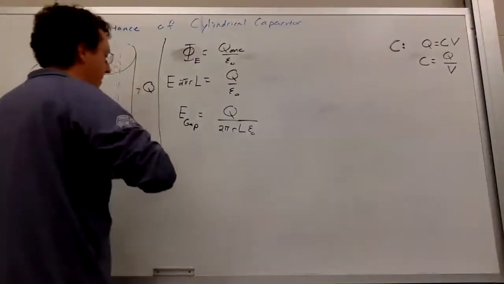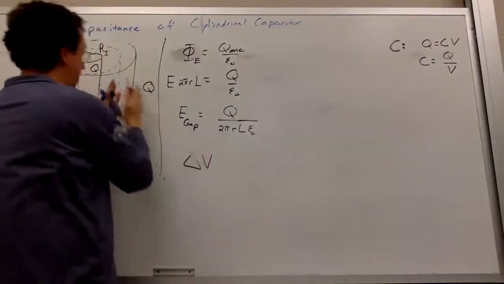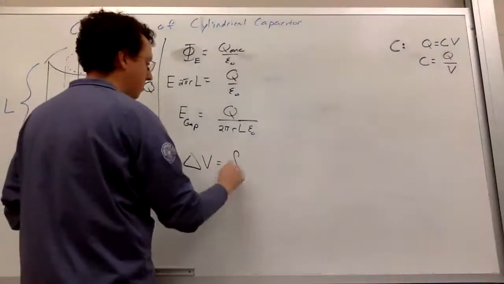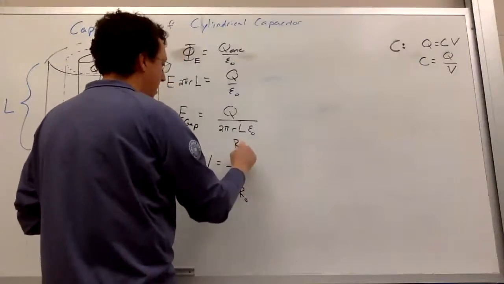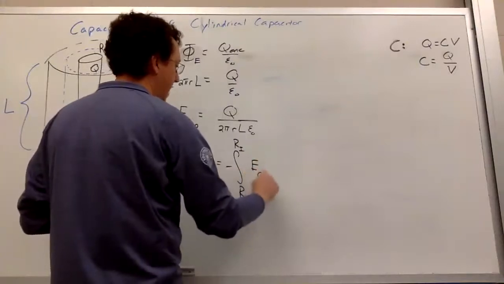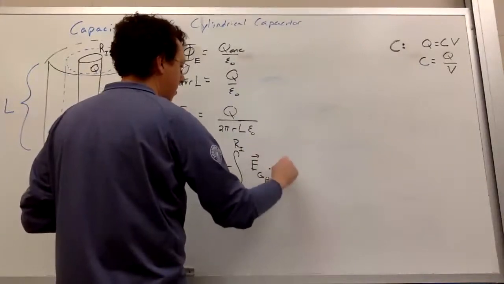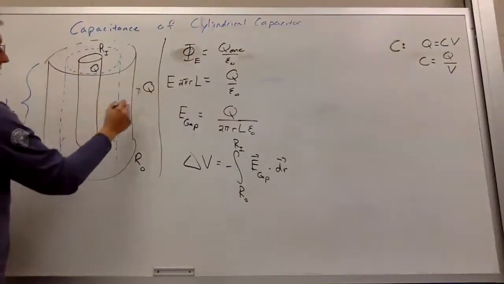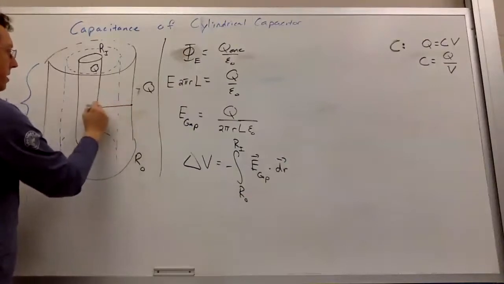So let's do that. Delta V, the positive part, across this capacitor is going to be minus the integral from R outer to R inner. And I should integrate the electric field in the gap dotted with dr vector. Now, in this case, we're integrating along a straight line from R outer to R inner.